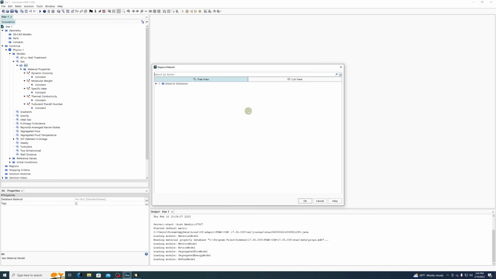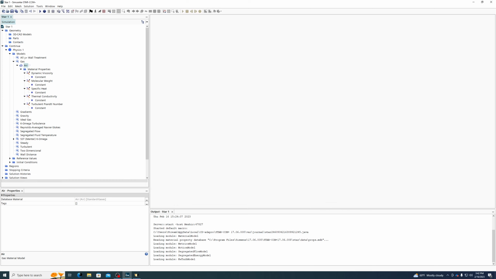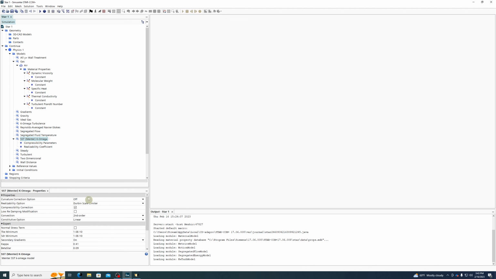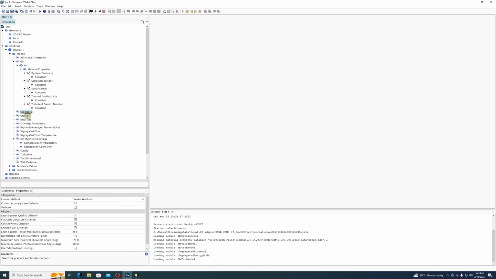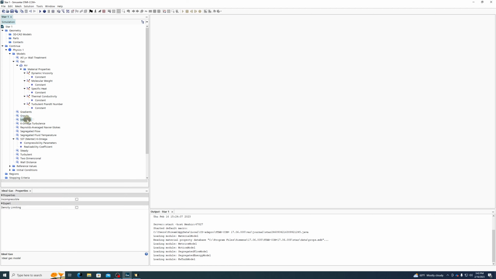Again, you can go into the material database and add your own or change the properties of an existing gas or select the properties for another existing gas. You have some other properties for all of these. Usually you won't need to mess with these, but sometimes you might. For example, let's see here.